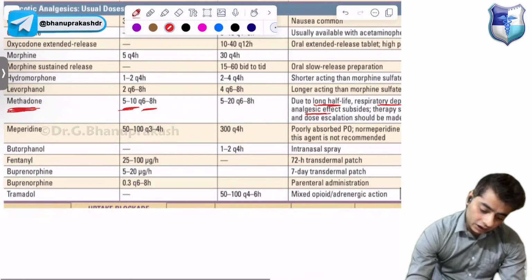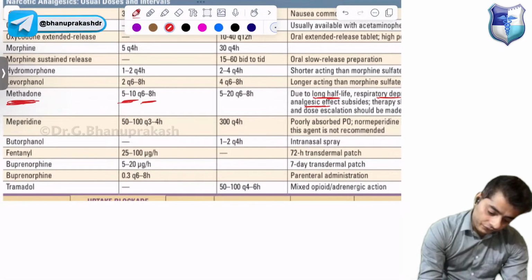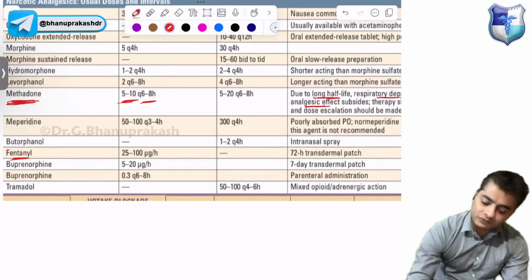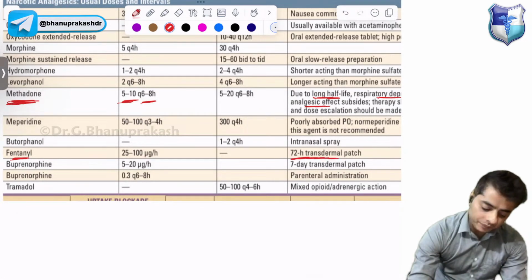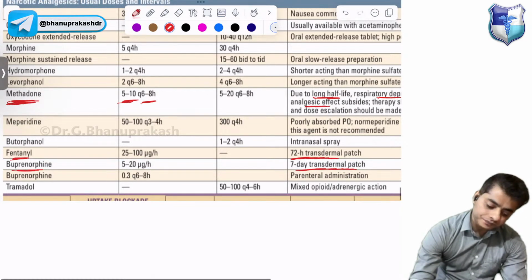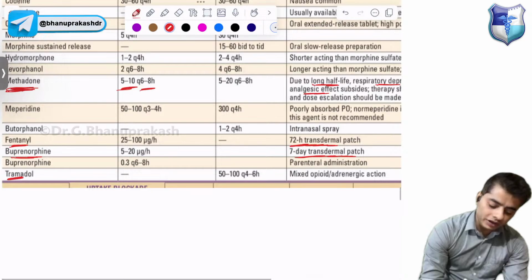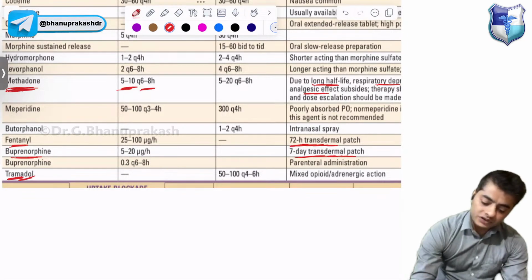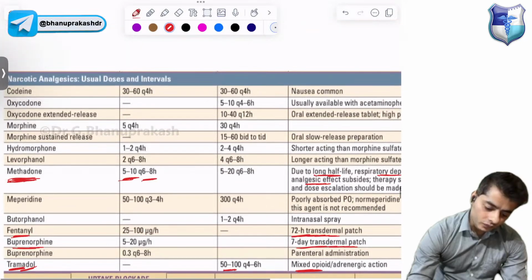Another is fentanyl, which has 72-hour transdermal patches. That is a kind of opioid.